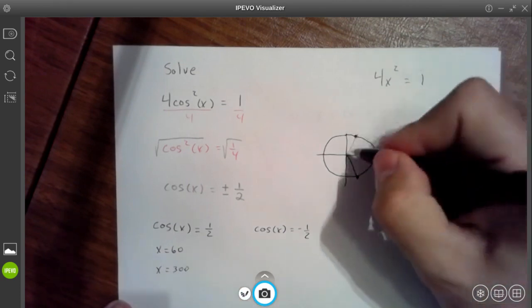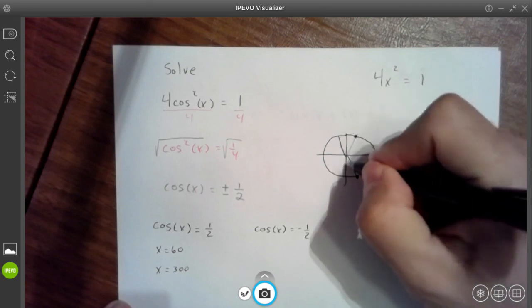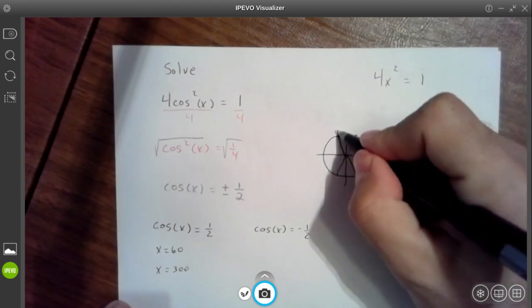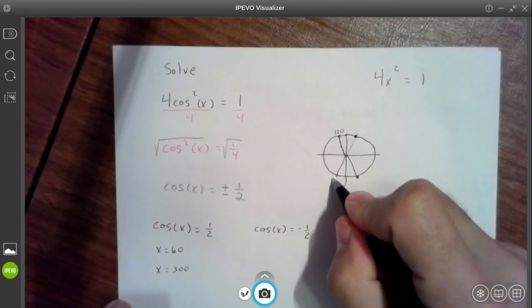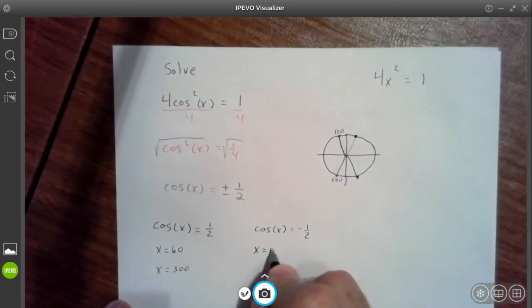And it's also going to happen at the places where cosine is negative, so in quadrant 2 and in quadrant 3. That one is at 120, and this one down here is at 240. Those are going to be my 4 base answers this time.